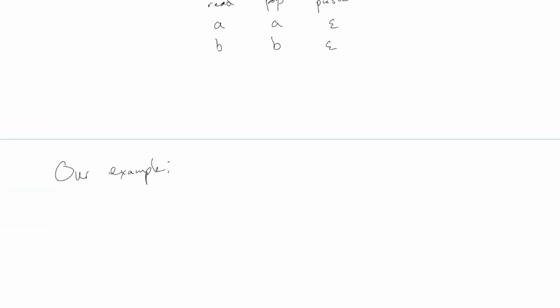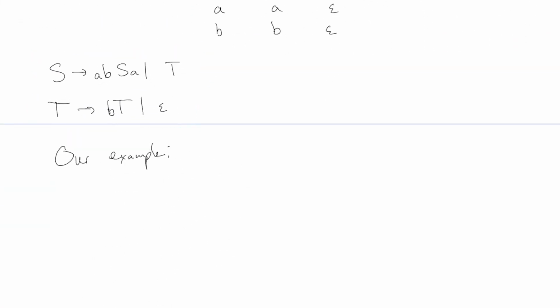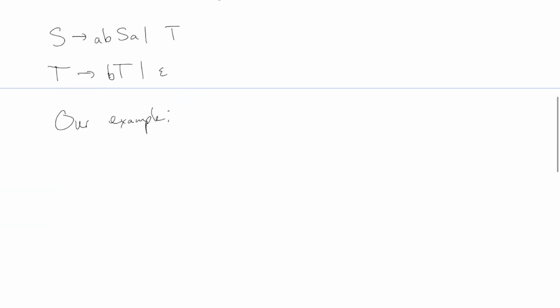All right, there's my grammar. So my stack machine looks like read, pop, push. Remember how this goes? Each grammar production is an epsilon read. So the first one, S goes to ABSA, looks like read epsilon, pop S, push ABSA.